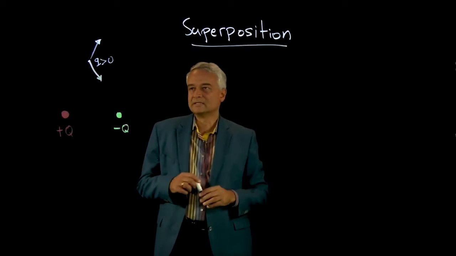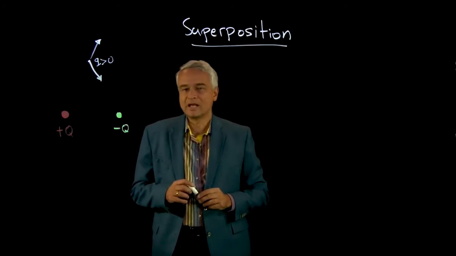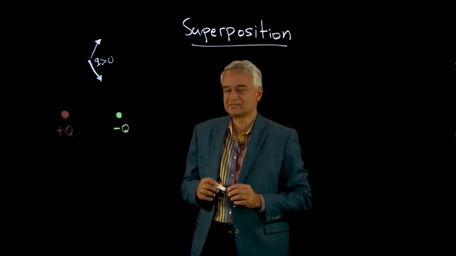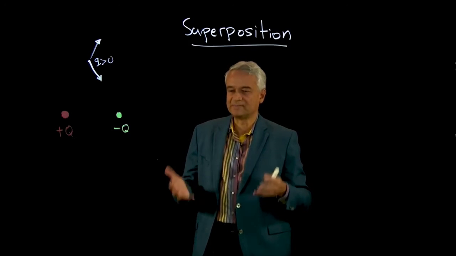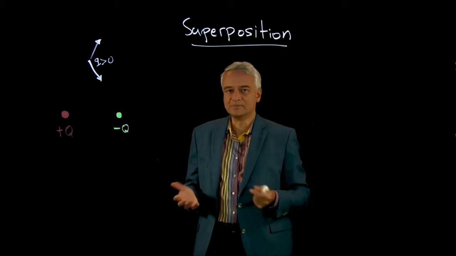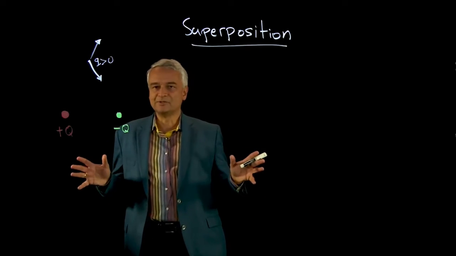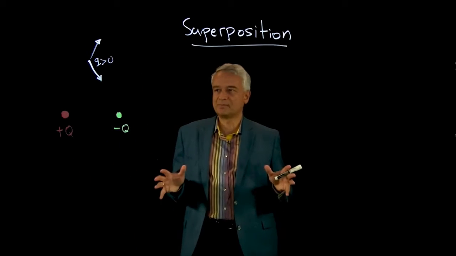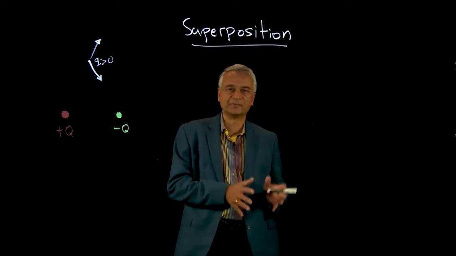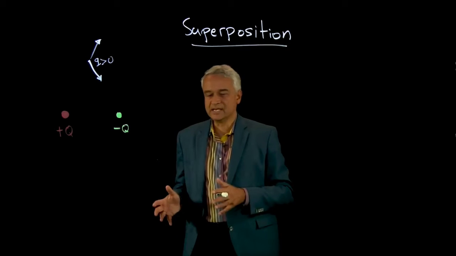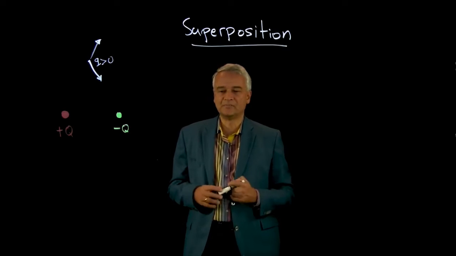So where did this come from? The superposition principle cannot be derived from something that we did earlier, just as Coulomb's law cannot be derived from something that we did earlier. Everything that we've done in 802 so far is built on 2 starting points, Coulomb's law and the superposition principle. Each is equally foundational, fundamental.